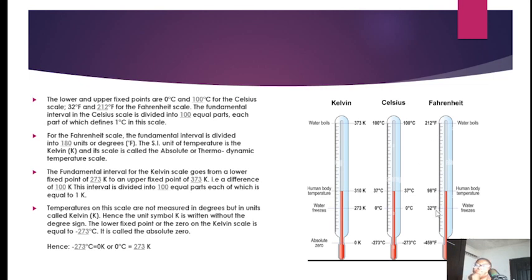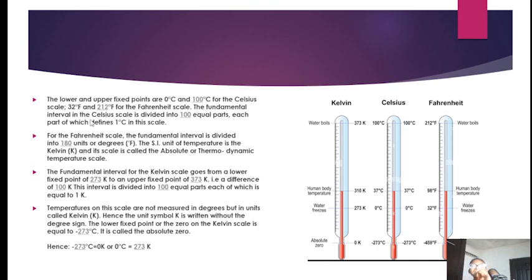While for the Fahrenheit, the lower fixed point, which is the point where water freezes, is 32 degrees Fahrenheit, and the upper fixed point, which is the boiling point, is 212 degrees Fahrenheit. So the lower and upper fixed points are 0 and 100 degrees Celsius for the Celsius scale, and 32 and 212 degrees Fahrenheit for the Fahrenheit scale.